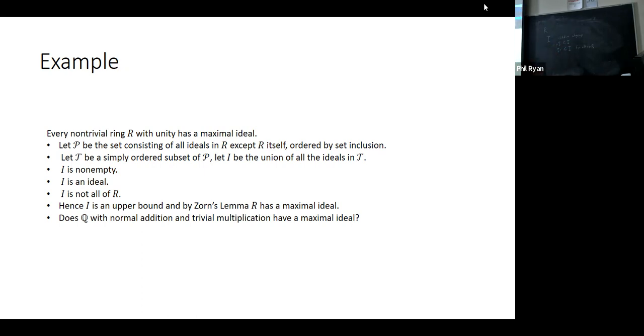So now this is a little bit more subtle than the one that we did before, because a maximal ideal can't be the whole ring itself. So a maximal ideal by definition is a proper ideal.